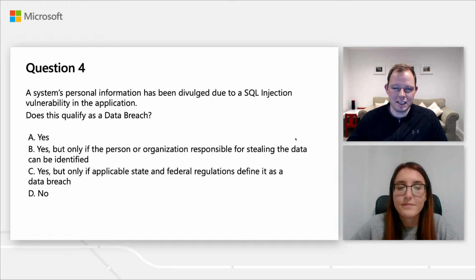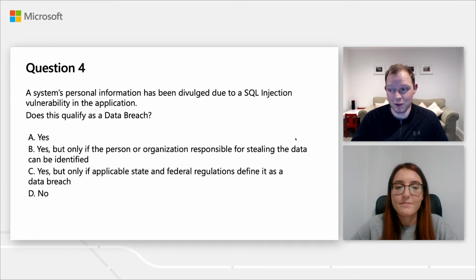Yeah, exactly. I think it would be nice to identify the attacker, and unfortunately in a lot of cases these attackers aren't identified. The more important thing in this situation, if anybody out there is watching this and they've been involved in a data breach or security incident, they'll know this.